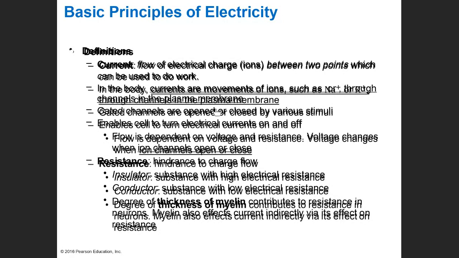When dealing with cells, a lot of times we're talking about sodium current, because sodium is a big ion that we're going to be dealing with here, as well as potassium. You can say there's a potassium current or a sodium current. That simply means that particular ion is moving across the membrane.